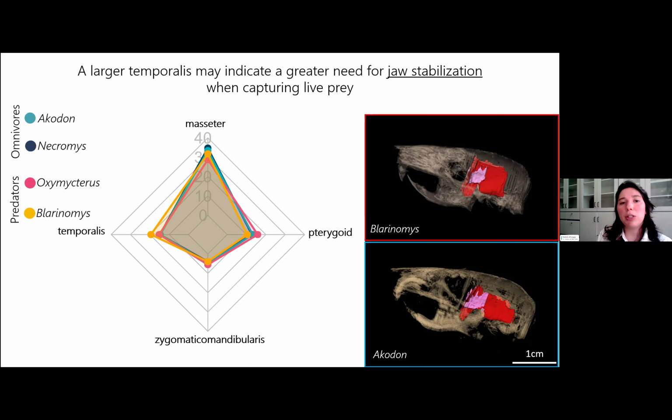And this muscle is responsible for restricting lateral and anteroposterior movements of the jaw, which you may think can be very useful when we talk about predatory species, not only predatory rodents, but also other predatory mammals that usually have enlarged temporalis muscles.